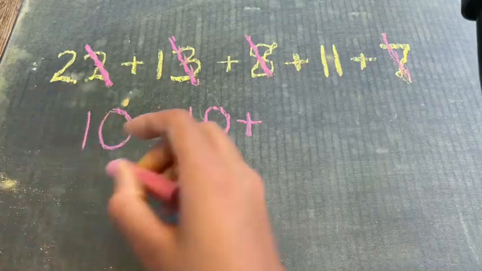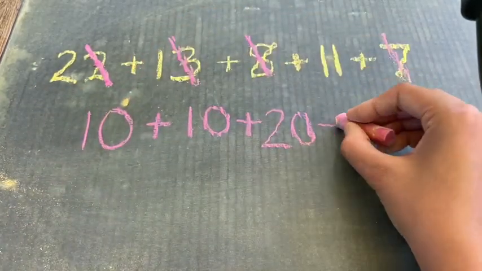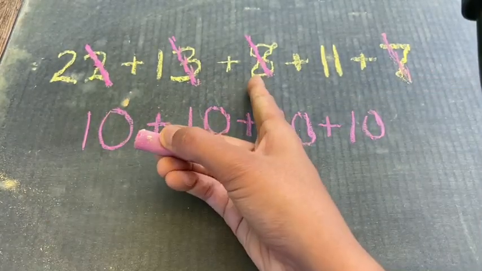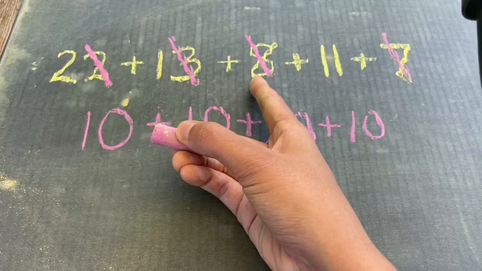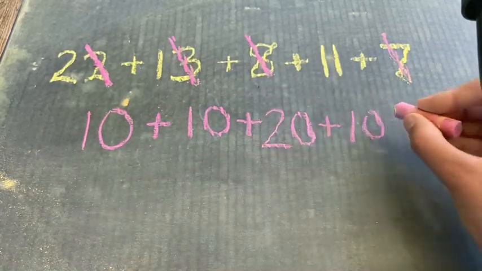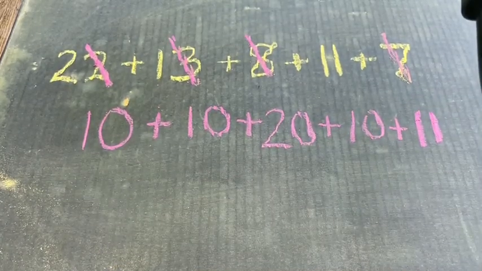Well, we have 20 that comes from 22. We have 10 that comes from 13. We have no 10s in the 8 department. It's only 8. And we have 11 here. That doesn't have a number buddy to make 10, right?